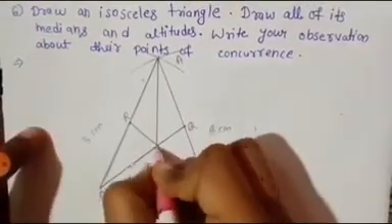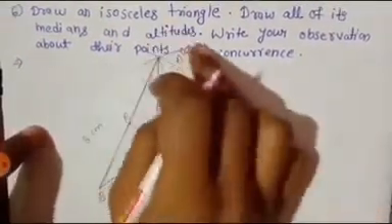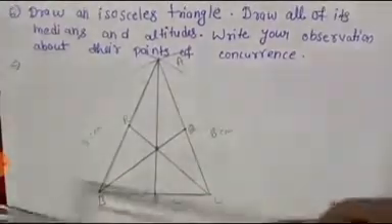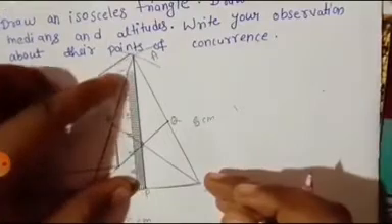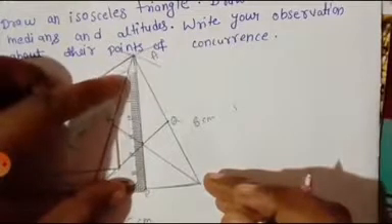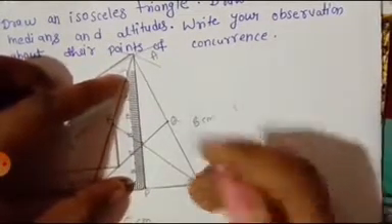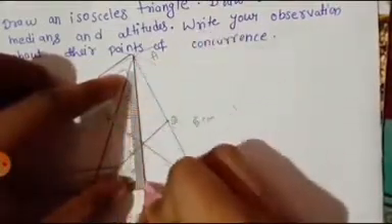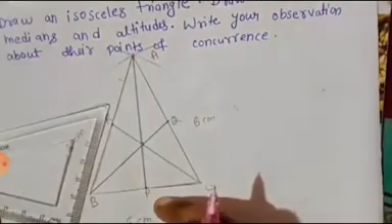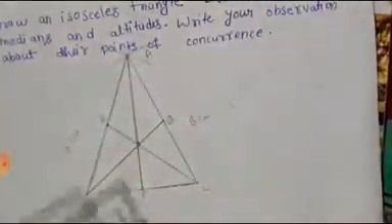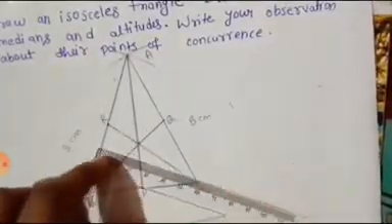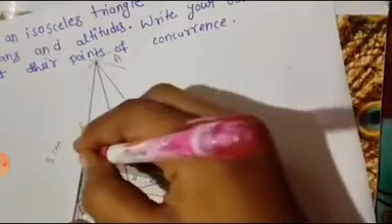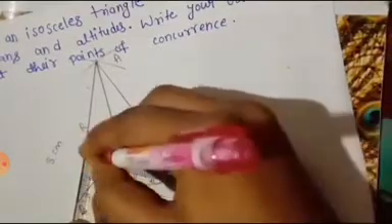Now this is a point of concurrence, and the median's point of concurrence is called the centroid. Now draw the altitude. Set a set square on point A. The altitude is the same as the median, so no need to draw the altitude from point A. Now put on point C. You can get a different line, so draw it.